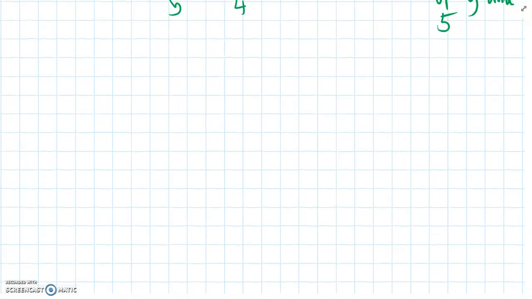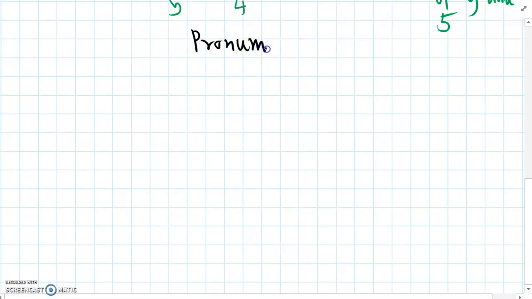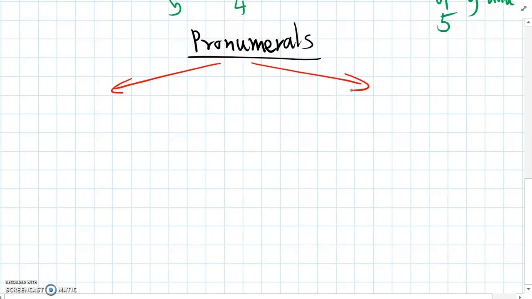Now we'll start looking at a bit more detail about pronumerals, because there are actually two different types of pronumerals. And they're based on whether that number can change in real life or whether it stays the same, always. So pronumerals that can change are called variables. And a variable could be something like, we're counting the number of goals that you scored at soccer.